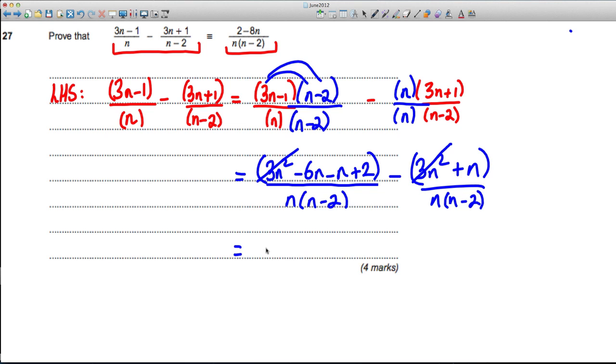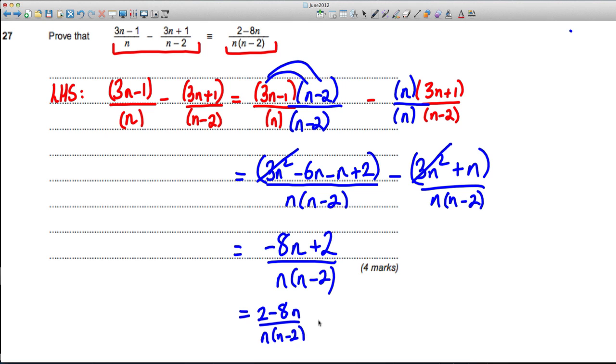Subtract another n is negative 8n. And 2, subtract nothing, is simply 2. And it would all be over this here, which is exactly the same as the top, apart from I've just switched the order around, and it's equal to the right-hand side, and you're done.